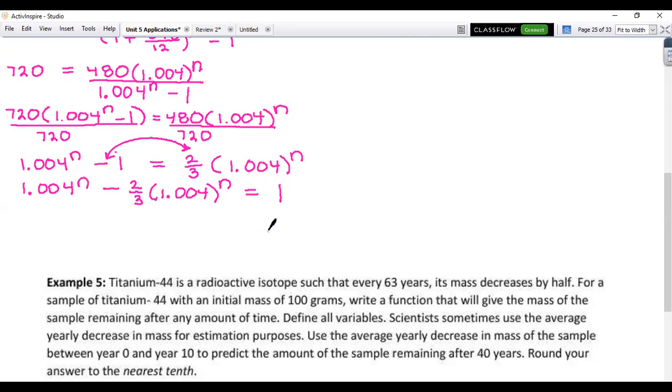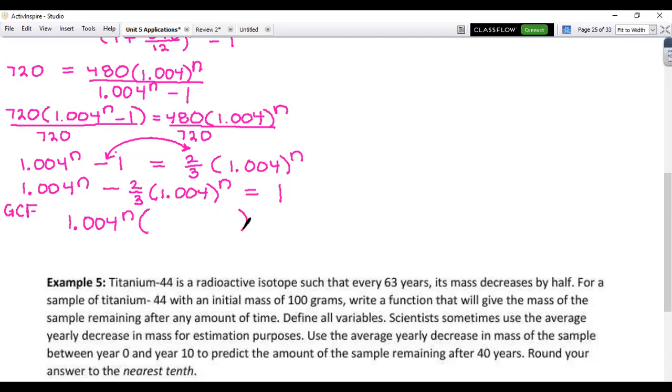So now from here, what I can do is take out a GCF. I promise it's going to get better in a second. So my GCF is 1.004 to the n.